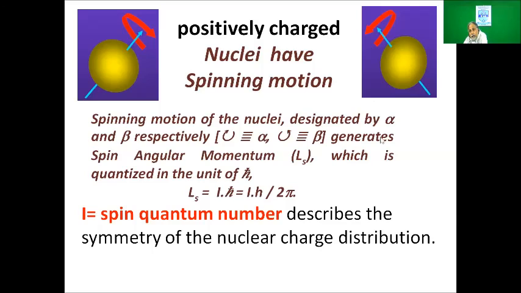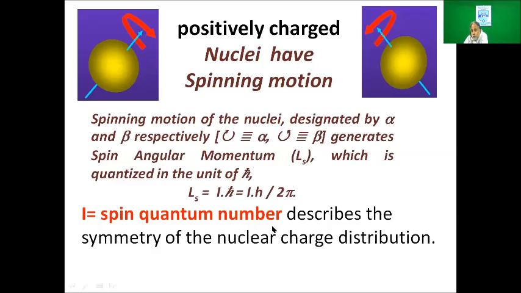The clockwise and anti-clockwise spins, which we can designate as alpha and beta, generate the spin angular momentum, and this spin angular momentum Ls is quantized in units of h-bar. In mathematical form, we can write Ls equal to I h-bar, where I h-bar can be written as I times h by 2 pi. H is nothing but Planck's constant. Here we are introducing a new term, that is I, the spin quantum number.